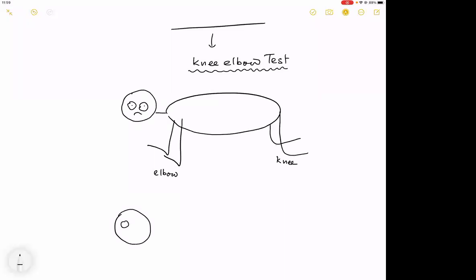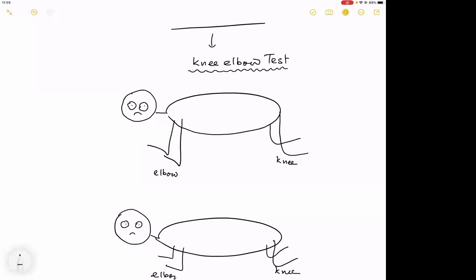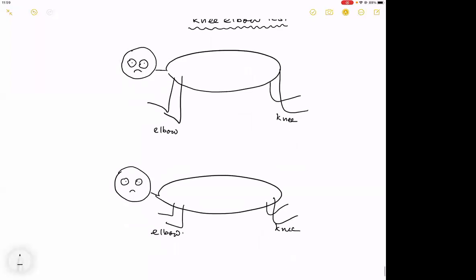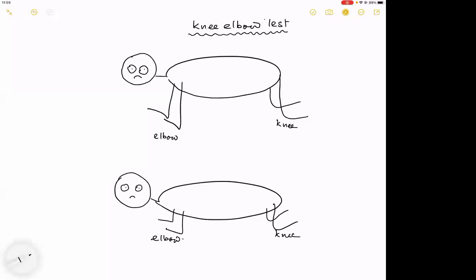Please remember this. What I would like to do is draw the patient again with the knee and the elbow. Now, what is important is intraperitoneal lump. I hope you understand what an intraperitoneal lump is.